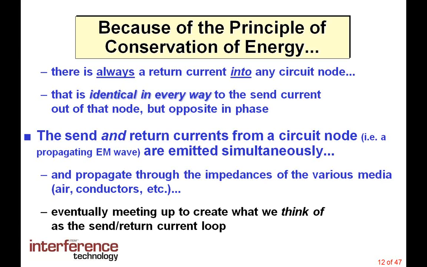You know, you send some current into something, it has to get back, so you have to provide conductors for it. But this is the electromagnetic engineer's view, that the send and return current flow simultaneously. And this is to create a balance in the energy at every node along the loop.